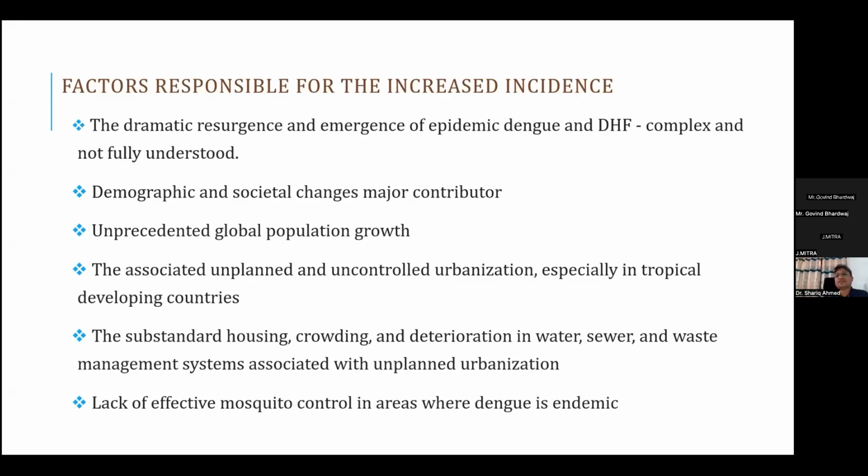Then there is unprecedented global population growth. Then planned and unplanned urbanization has led to this dengue increase. The housing has been substandard. There is crowding, deterioration of water, sewer and waste management, and lack of effective mosquito control measures. These have all led to the increase.